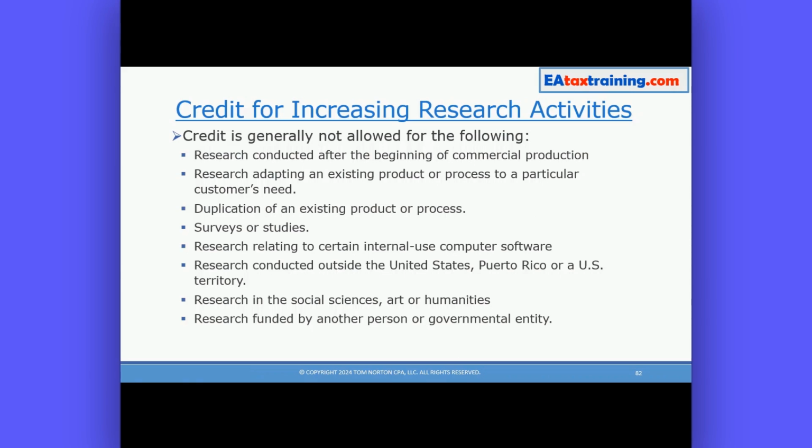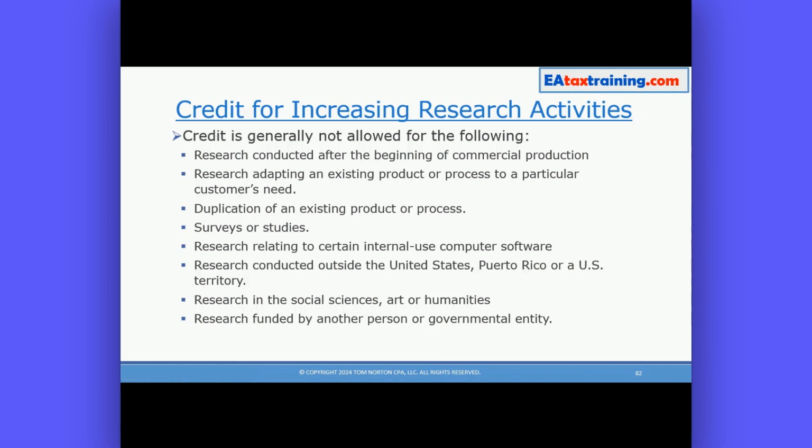The expenses can still be deductible, but you can't take the credit. Also, you cannot take the credit for research adapting an existing product or process to a particular customer's need. So a customer comes to you, say, hey, I love this, but this is what we need it to do. And so you do some research in order to make it do that. Well, again, you can deduct the expenses of that, but you cannot take the credit.